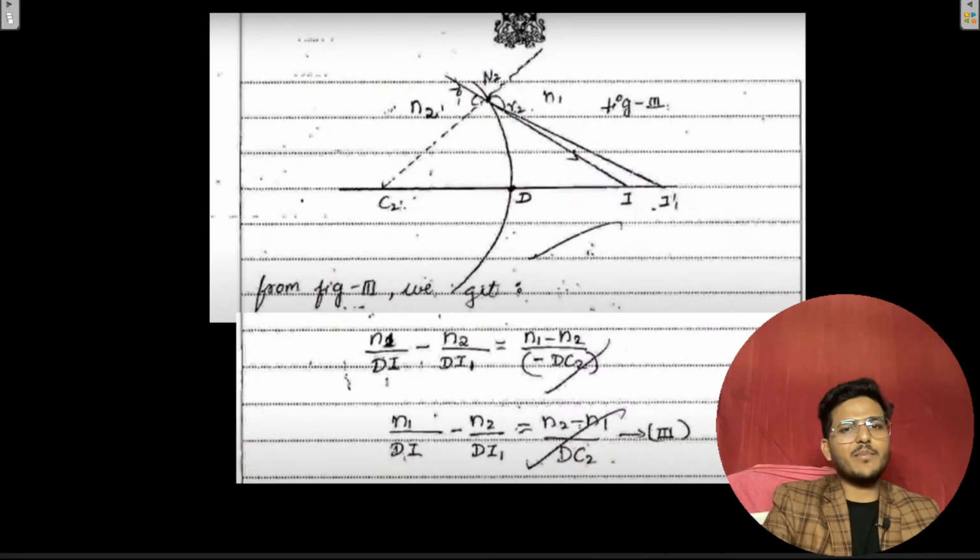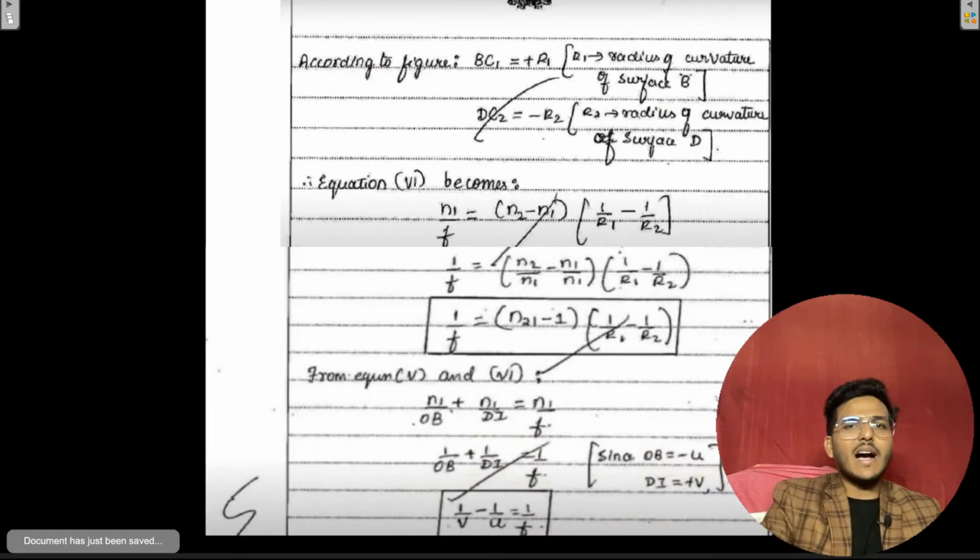I think you can understand how to answer properly in your PU second board examination, so that you will get maximum marks, right?